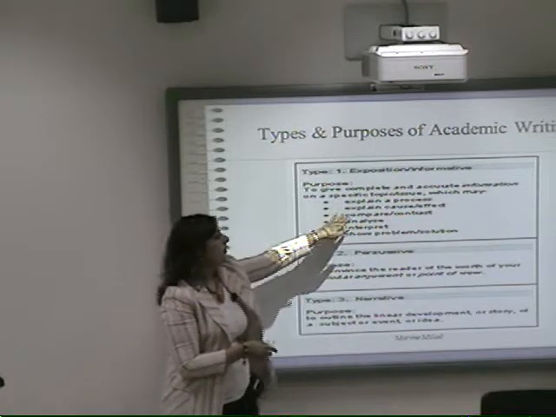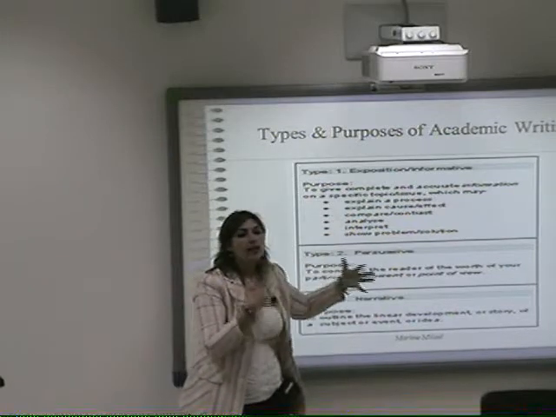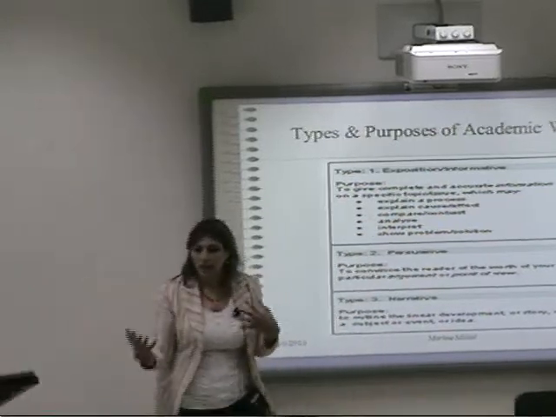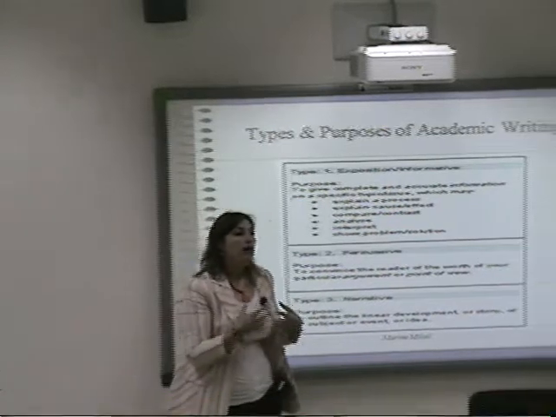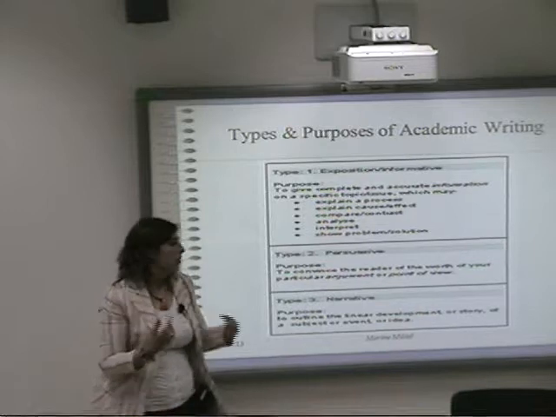So we're going to study this as well. And doing this, we're going to compare and contrast between ideas, between reasons and effects, causes and effects, and all of this.